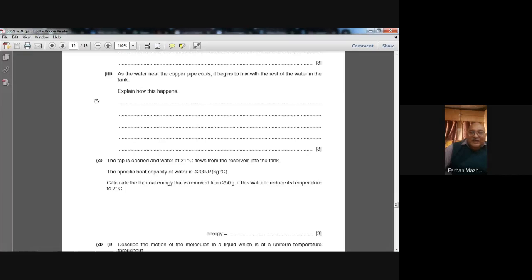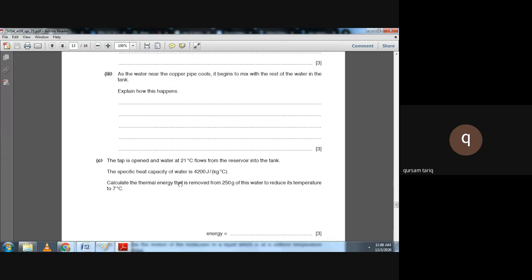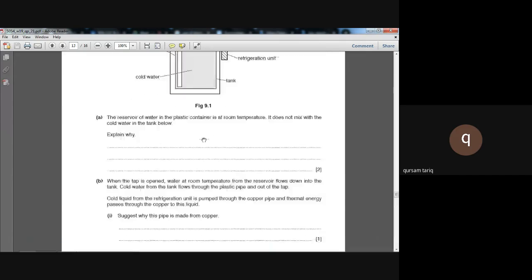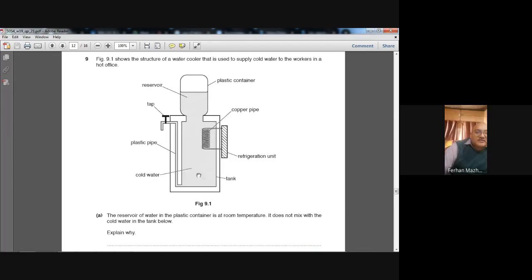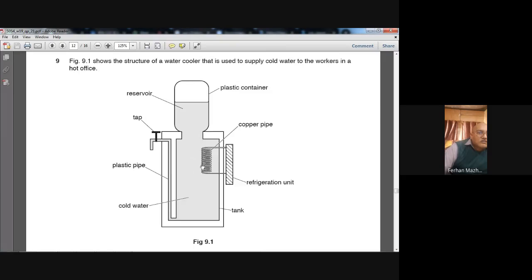Do you understand what I'm saying? No. You see, here we have cold water. Here we have cold water. Here we have hot water.